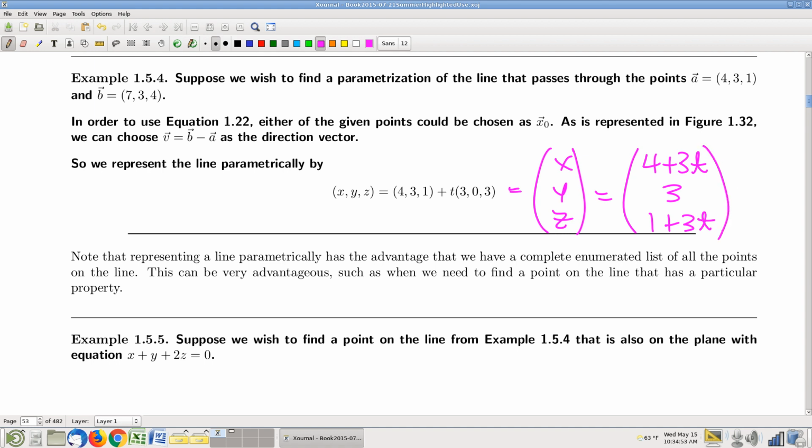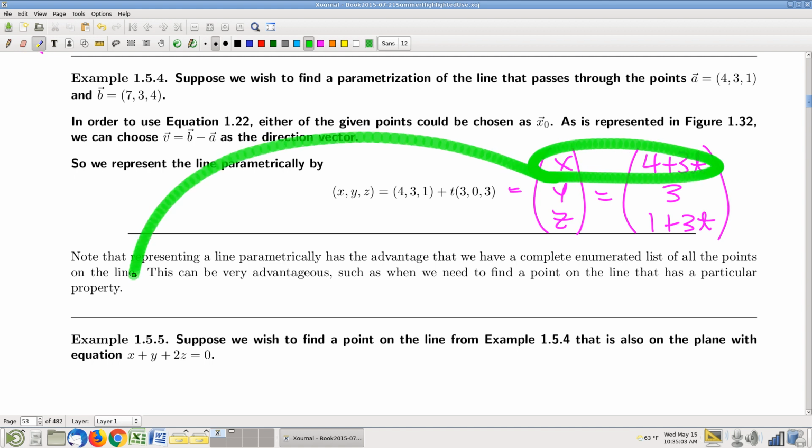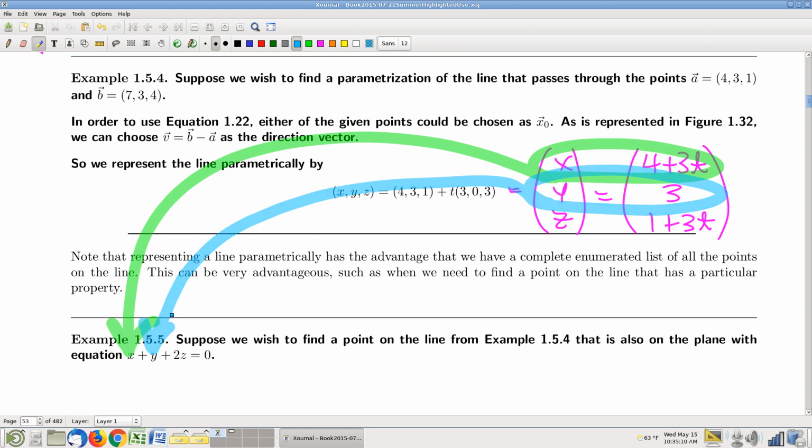There's our x, y, and z. Give me any value of t and plug it in, and there's a point on our line. If I want to then test whether those are on the plane, I take these generated points and I plug them in to test whether they are also on our plane.